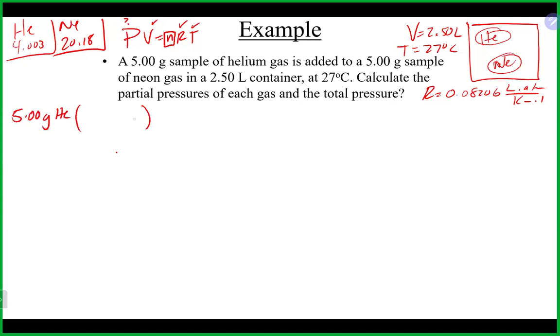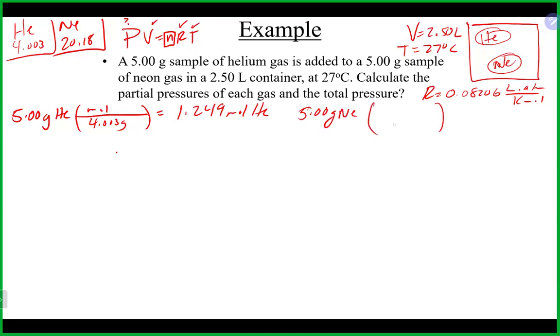We'll use the molar mass of helium, which is 4.003 grams per mole. And that's going to give us our moles of helium, which in this case is 1.249 moles of helium.